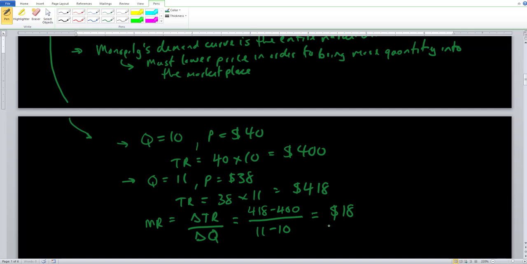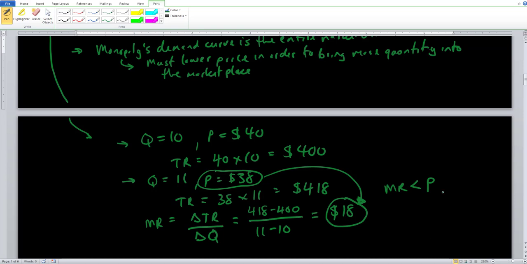And what do we notice about marginal revenue compared to the price of the good? We notice that, hey, when we charge $38 for this particular good, it is going to be higher than the marginal revenue. So that hits on point number 1 a little bit more with specific numbers. We always note that the marginal revenue is going to be less than price. So the additional revenue that they gain is going to be less than the price that they charge.